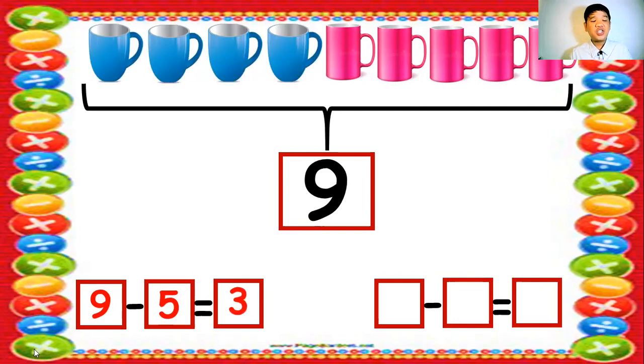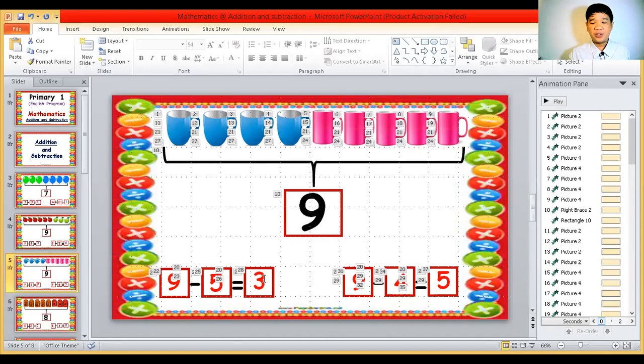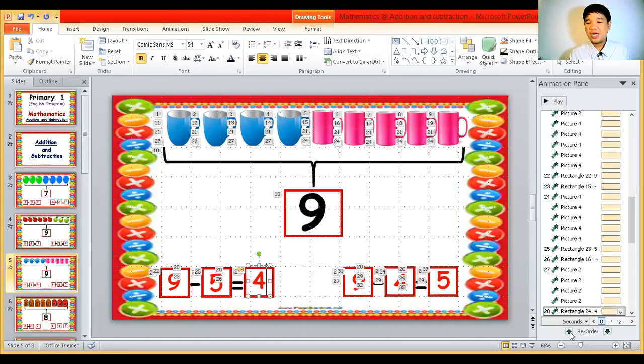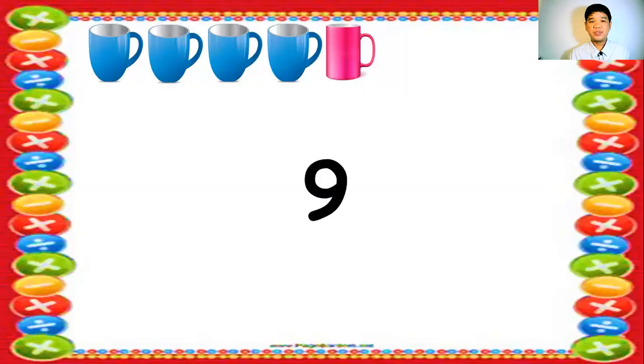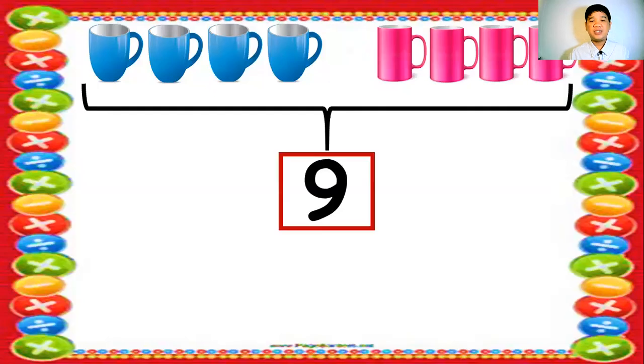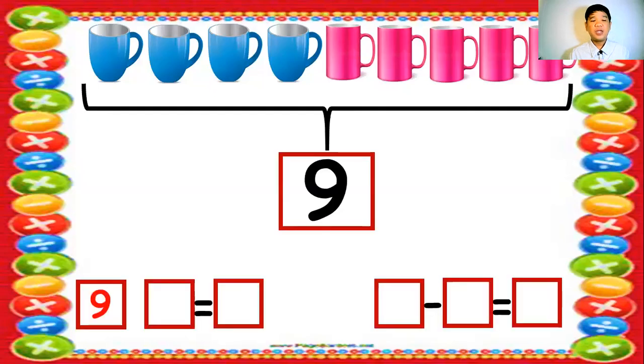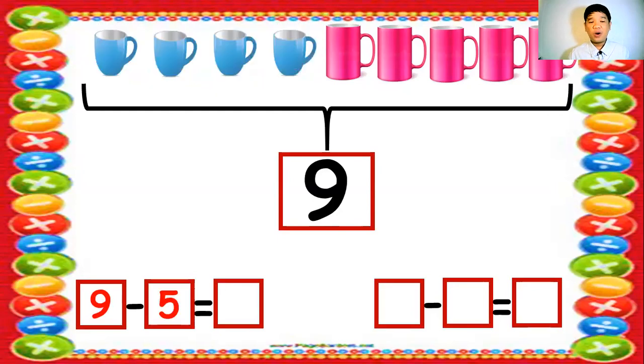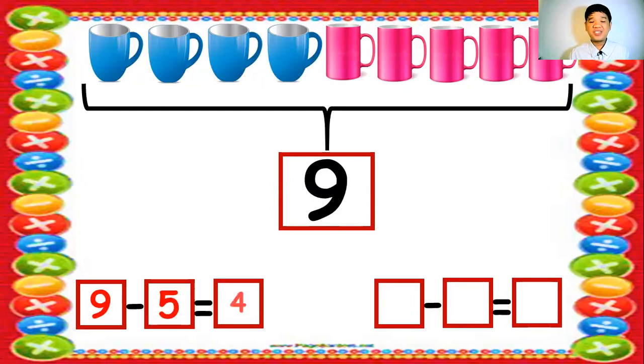No, it should be 4. Sorry for the interruptions. It should be 4. All right. Let's continue. So 9 minus 5 equals 4 blue mugs or 4 blue cups.